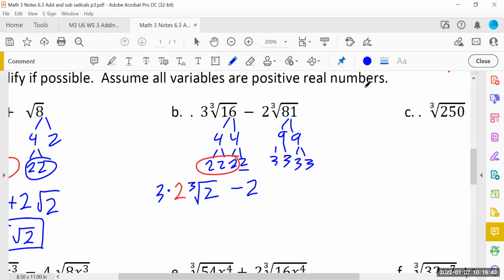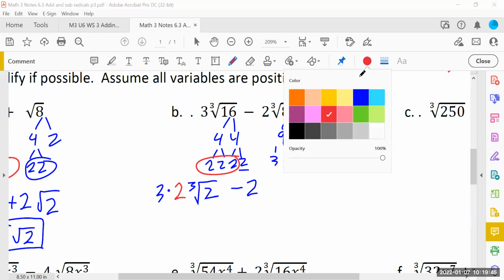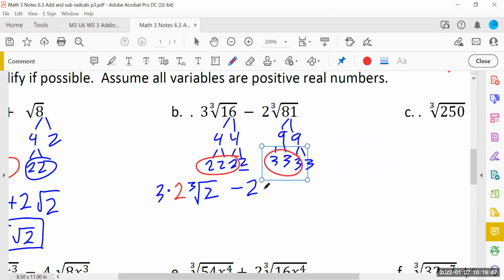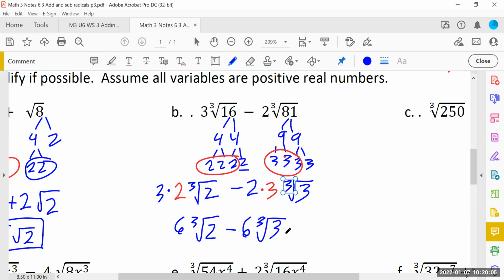Actually, I should use that in a different color. Again, just to keep track. Set of 3s. Cube root of 3. So this ends up being real similar, right? We get 6 cube root of 2 minus 6 cube root of 3.